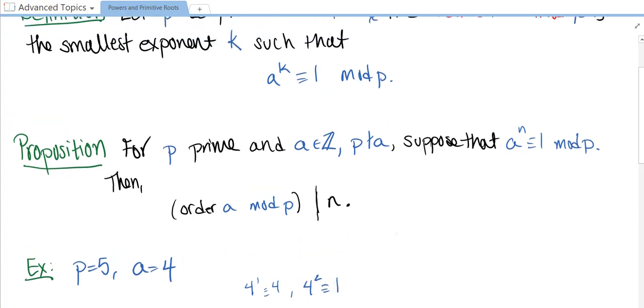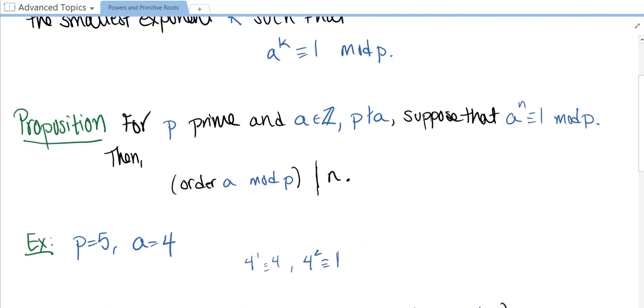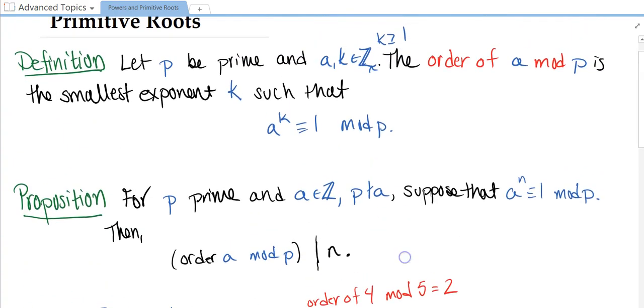So the order of 4 mod 5 is 2. And so that's the definition.